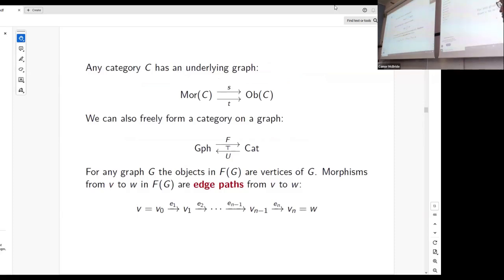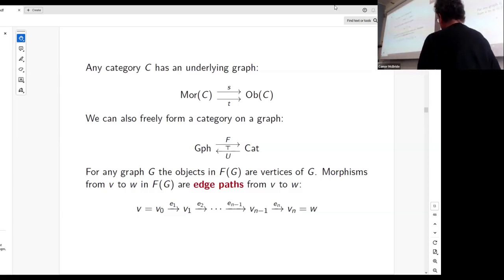But conversely, you can freely form a category from a graph. So there's a pair of adjoint functors between the category of graphs and the category of categories. There's an underlying graph of a category, but then, left adjoint to that functor, you can freely form a category from a graph. So how does that work?